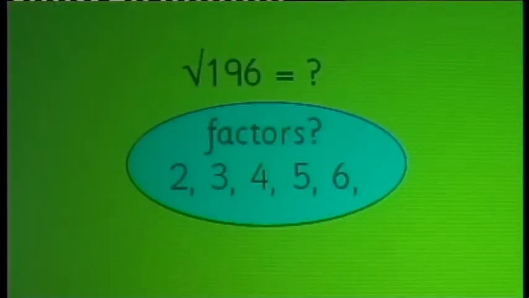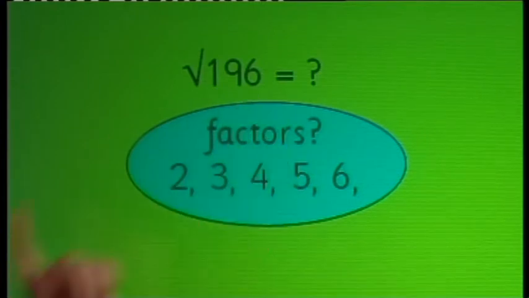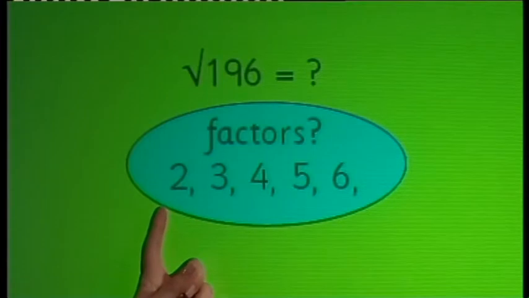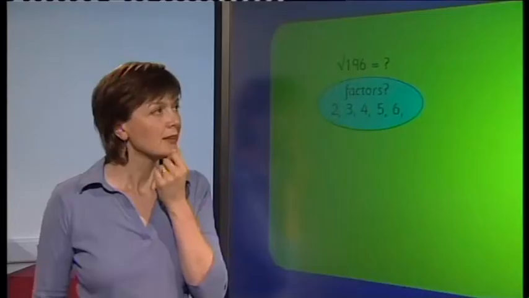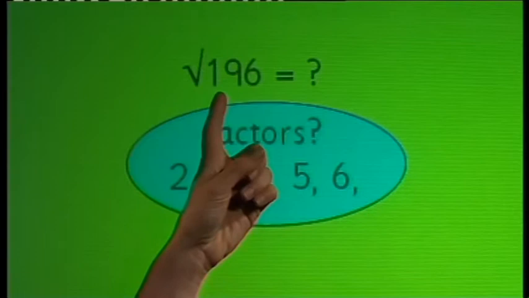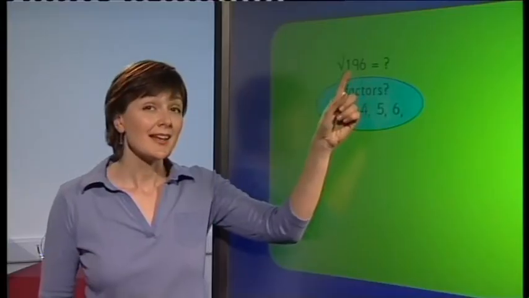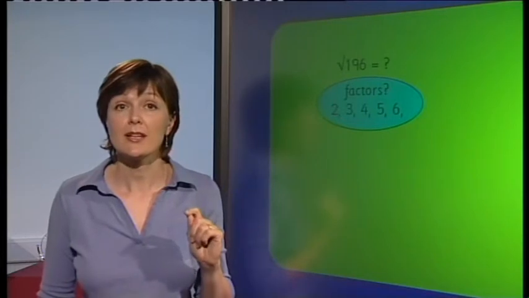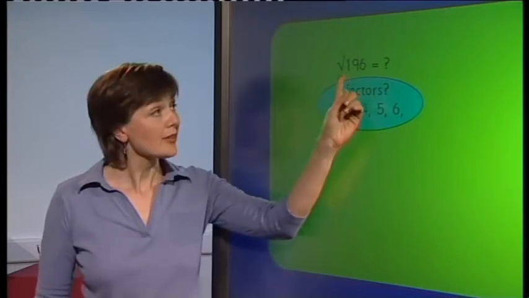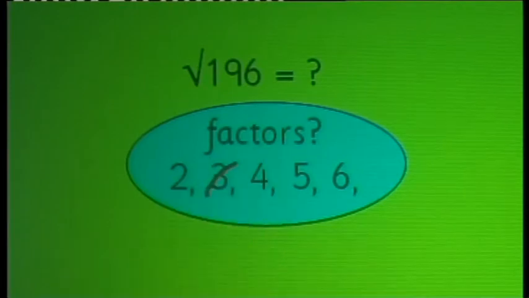Now, the last digit of 196 is even, so 2 is a factor. How about 3? Is that a factor of 196? Well, the sum of the digits is 1 plus 9 is 10, plus 6 is 16, and that's not divisible by 3. And that means 196 is not divisible by 3.